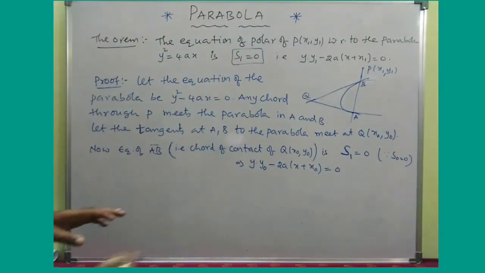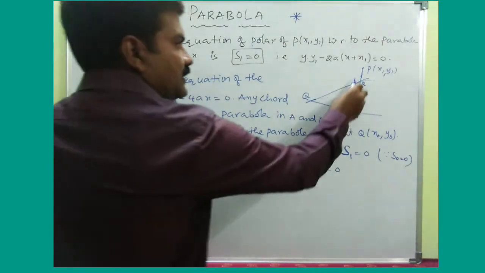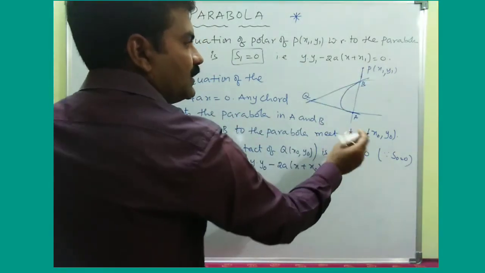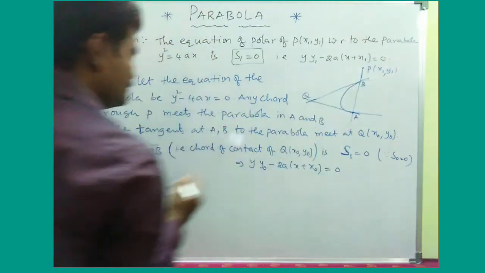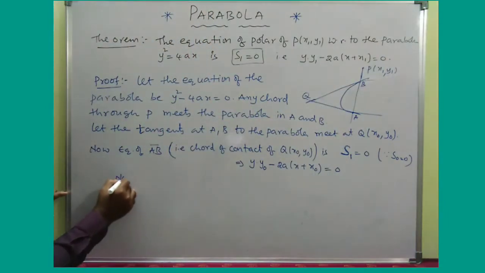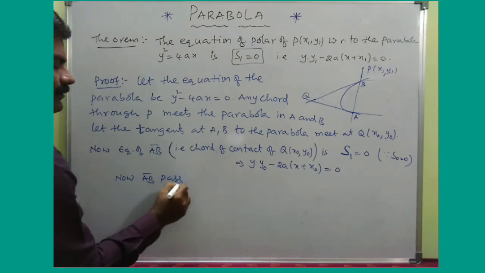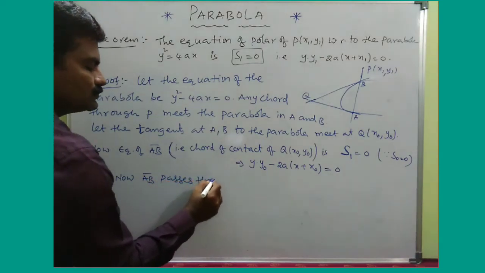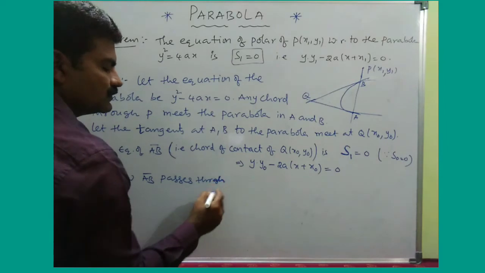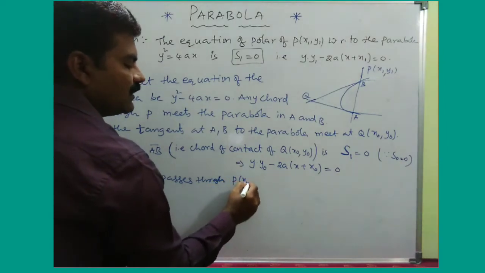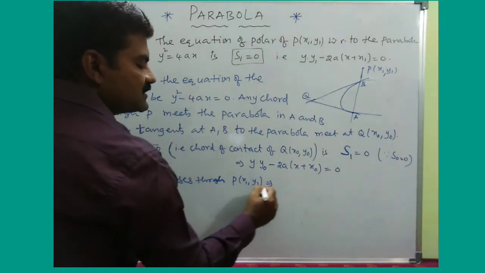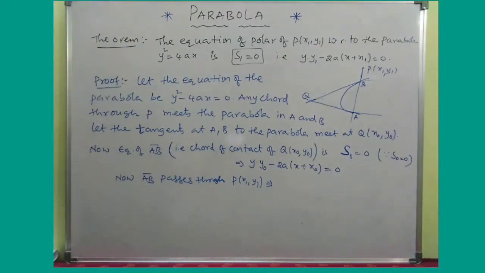What is this actually? This is nothing but the equation of AB. Now you know AB also passes through P, isn't it? So AB bar passes through the point P (x1, y1). Passes through means it should satisfy, no?